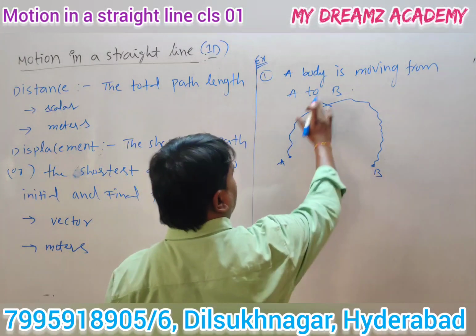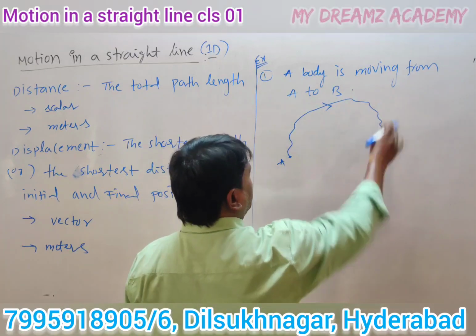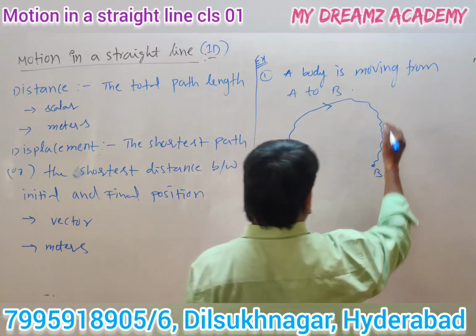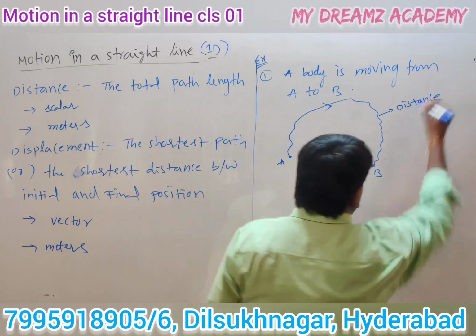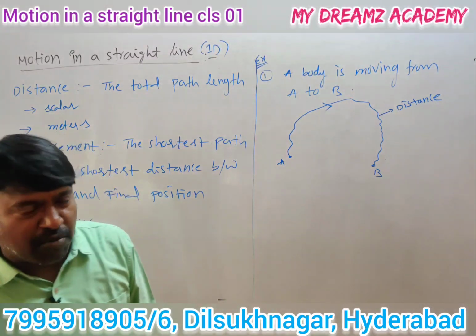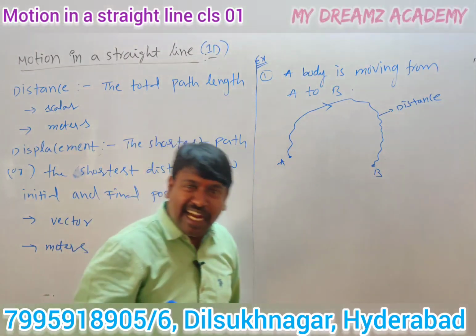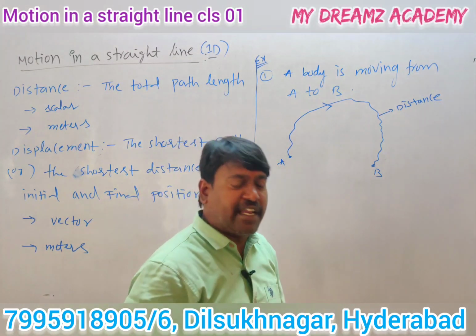Distance means the total path covered by the body. According to the definition, this is the distance. Displacement means the shortest distance between initial and final positions.